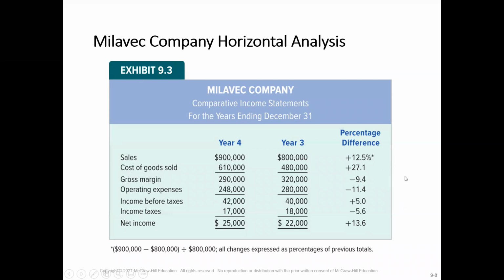So then would be the question of why and a further analysis as to why. Perhaps the company engaged in more advertising during the year and it was effective. Perhaps there's some sort of a trend in the marketplace that there was a higher demand for the product.